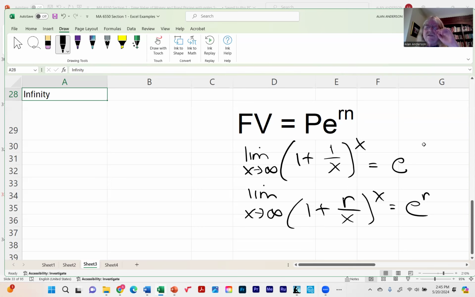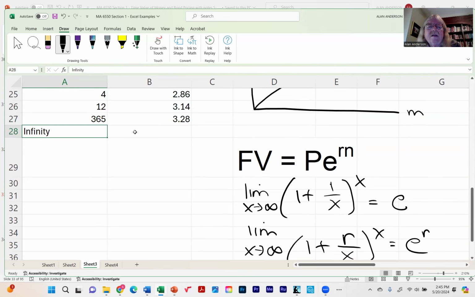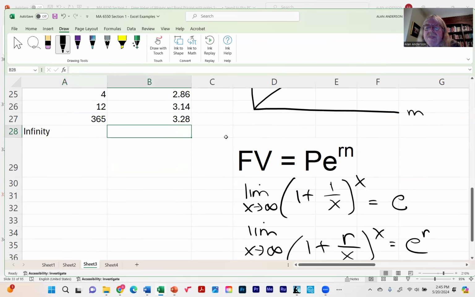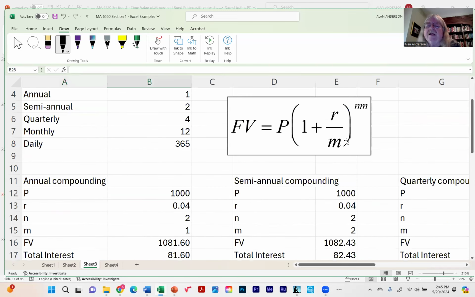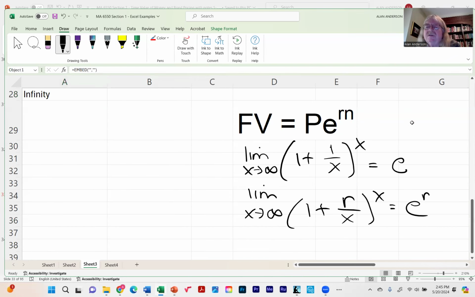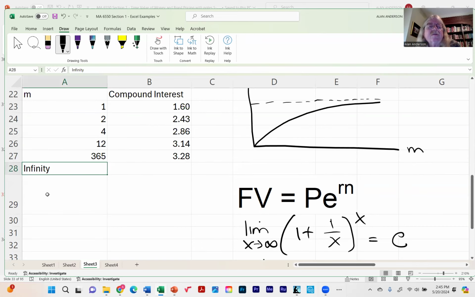Okay. So then if you look at this formula, you'll see that, here we go. If m goes to infinity, this ratio is going to 0, but this exponent is going to infinity. So the end result is P E to the Rn power. And this case is referred to as continuous compounding.